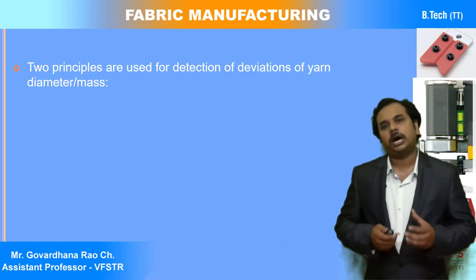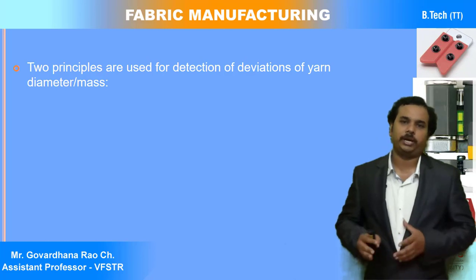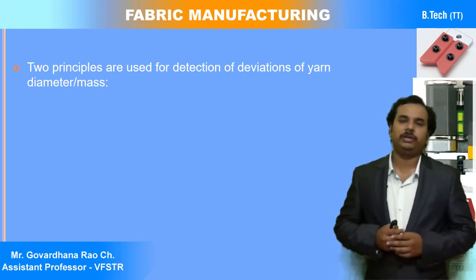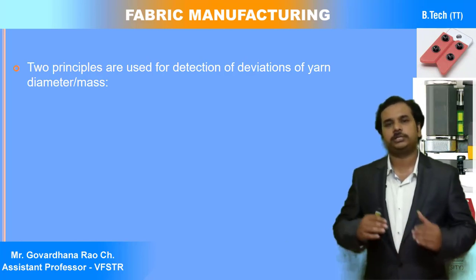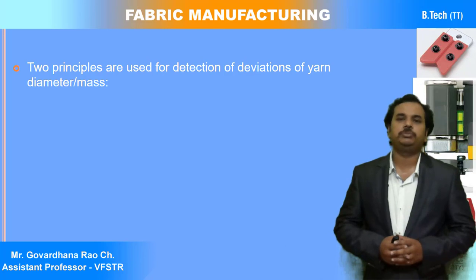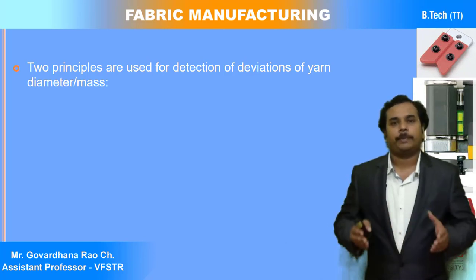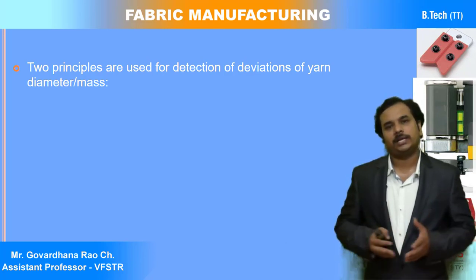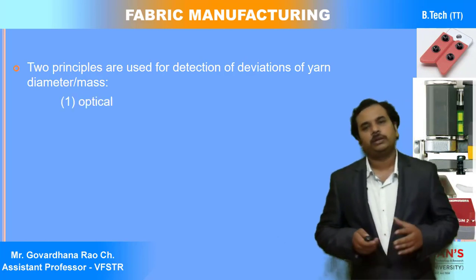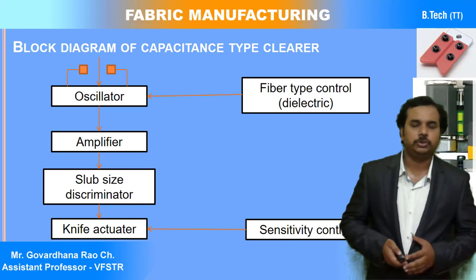So yarn hairiness detection is separate. Now, yarn faults which have less diameter or thick places, thin places, neps, slubs, all these kinds of faults are removed by using the capacitance principle as well as the photoelectric type of principle. That is why these two are used.